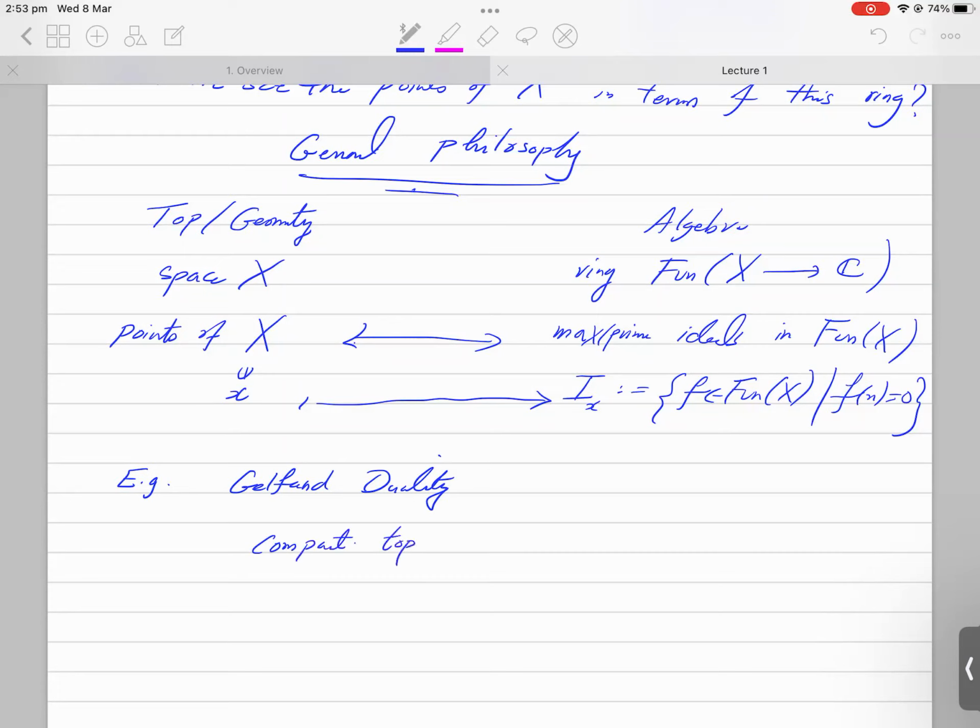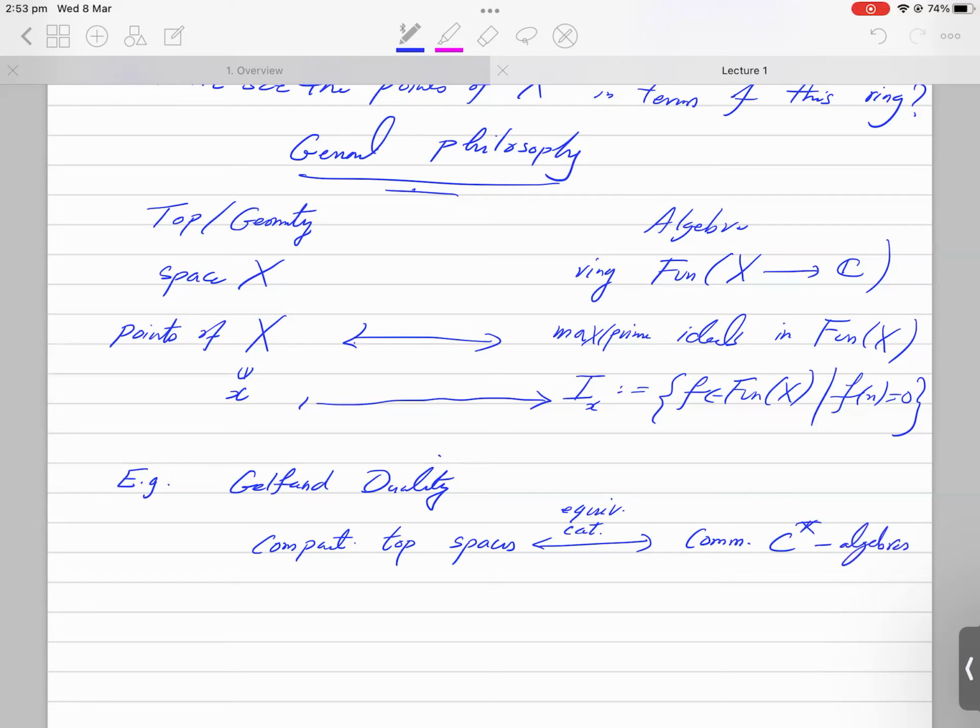It's an equivalence of categories between compact topological spaces and commutative C-star algebras.